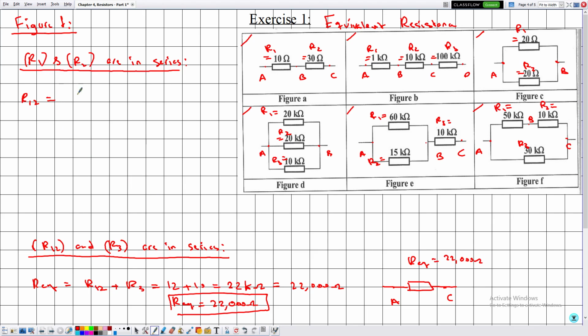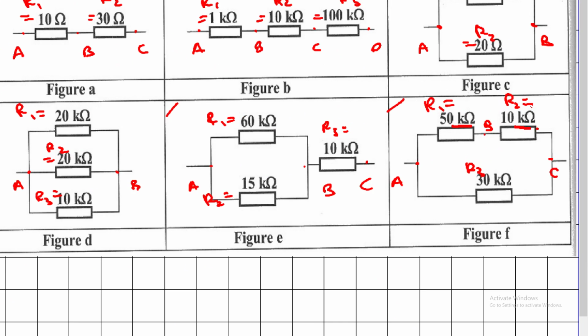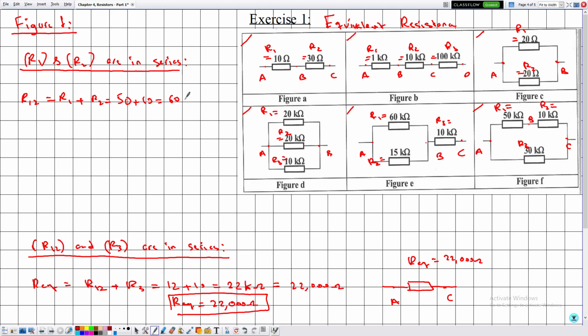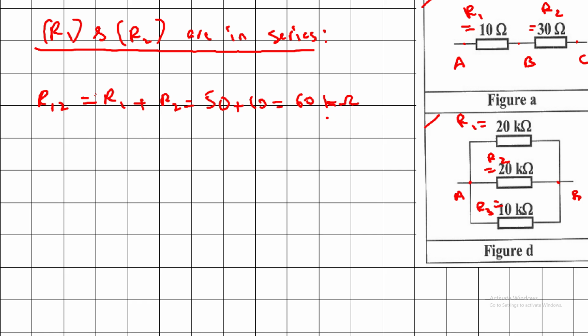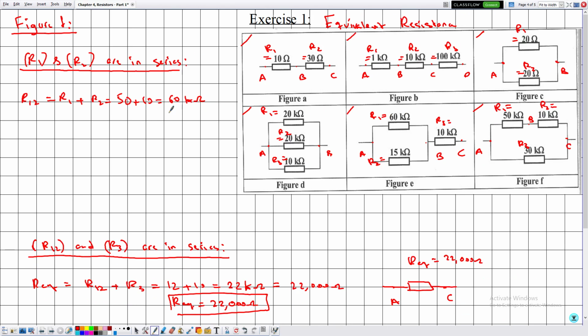Now R12 back to here is R1 plus R2, which is equal to 50 plus 10, which is equal to 60. Since both are expressed in kilo ohms, this will be expressed in kilo ohms. No need to convert this to ohms because this doesn't represent the final answer yet. Then R12 is equal to 60 kilo ohms.